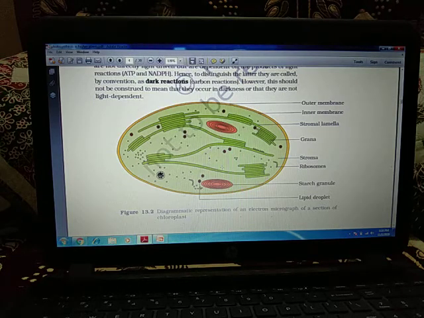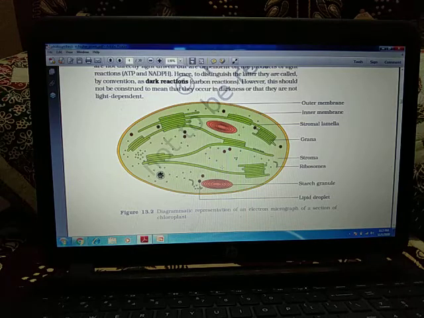Internally, a chloroplast contains two structures: the matrix or fluid stroma, and the membranous system called the lamellae or thylakoids. So thylakoid and stroma, or lamellae and stroma, are the two parts of the chloroplast.